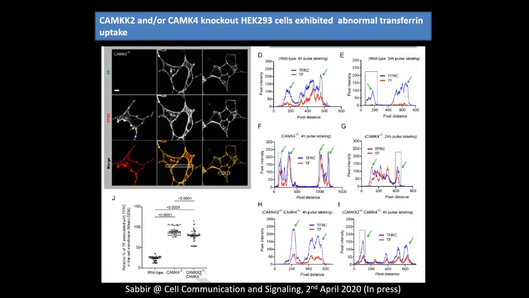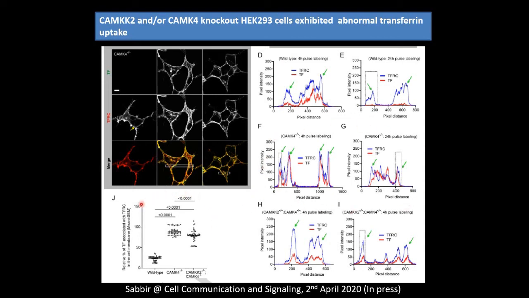In an alternative approach, the HEK293 cells were transiently transfected with RFP-tagged transferrin receptor, and then the cells were incubated with fluorescent conjugated transferrin to study the transferrin uptake. The cells were live imaged, and then the membrane-bound or membrane-retained transferrin was quantified.